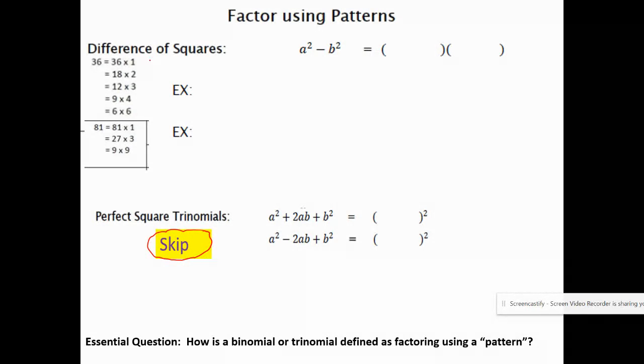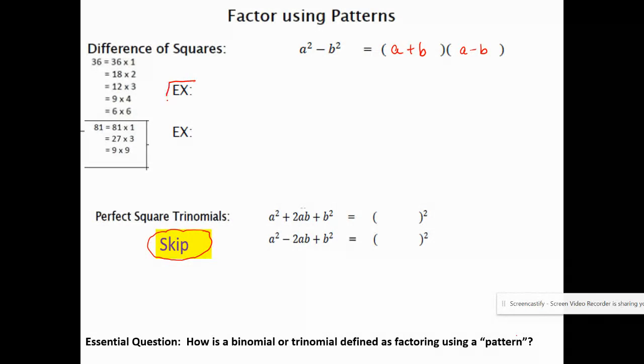Over on the side, I just copied a couple of pages from that page 3 of your notebook to use. At the top, the difference of squares is just a general formula. I just want you to write this down: a plus b and a minus b. And I'll show you what that means in a minute.